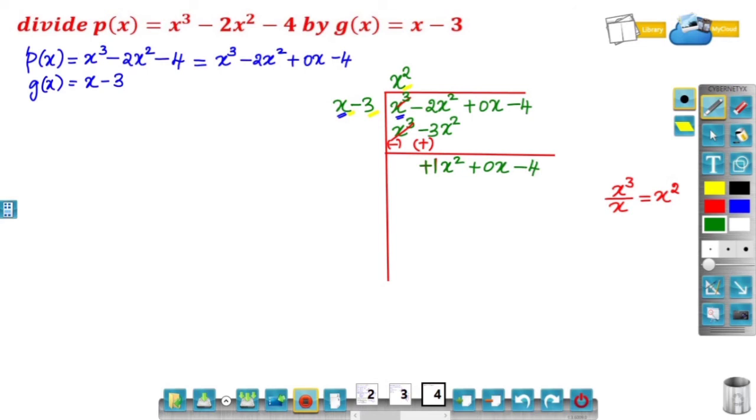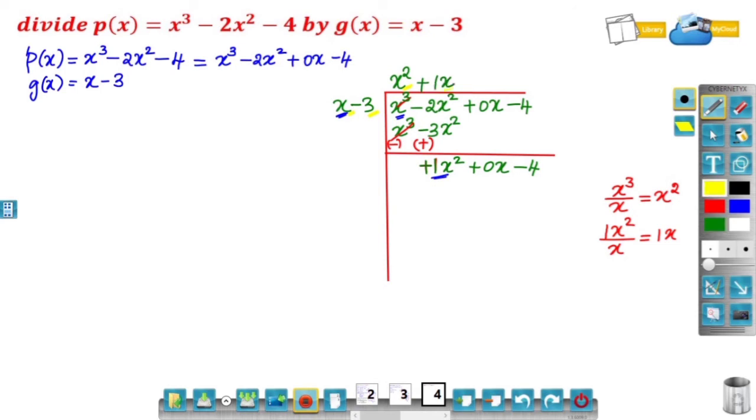Now again, divide the first term by the first term. Plus 1x square by x. That is 1x square by x is 1x. Positive sign. So write 1x in the quotient.